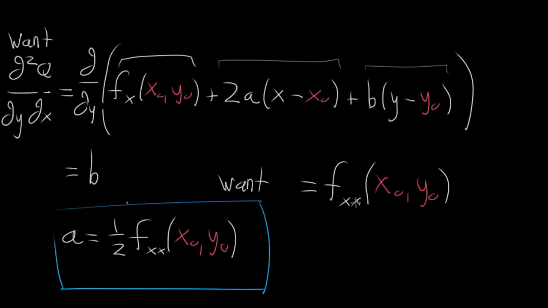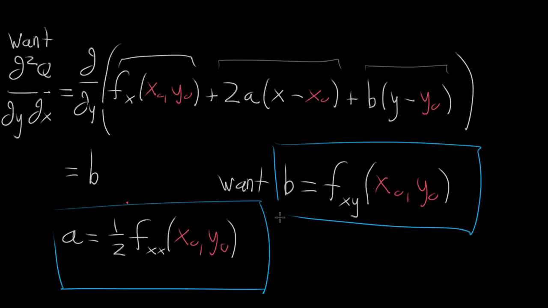So instead of saying f sub xx, I'm going to say f xy, which says you take the partial derivative first with respect to x and then with respect to y. We want this to equal the value of that mixed partial derivative evaluated at that point. So that gives us another fact. That means we can set b equal to that, and this is another constant that we can record.